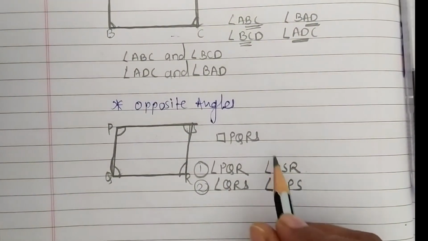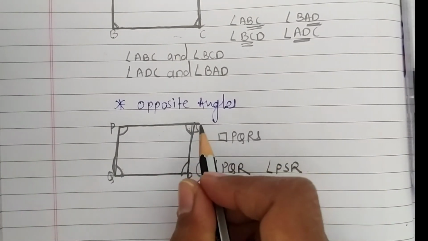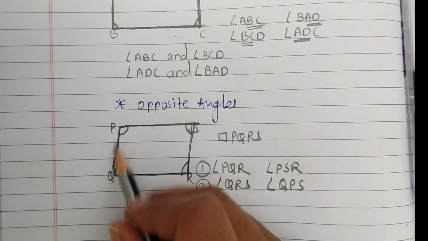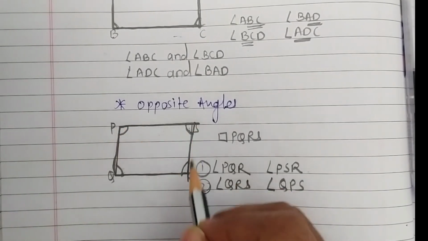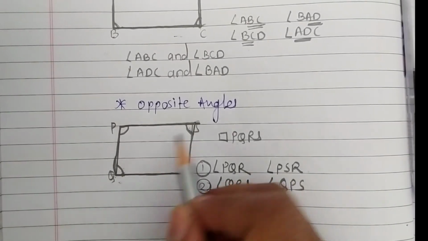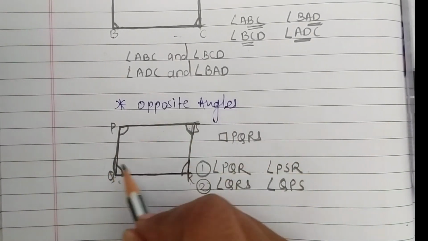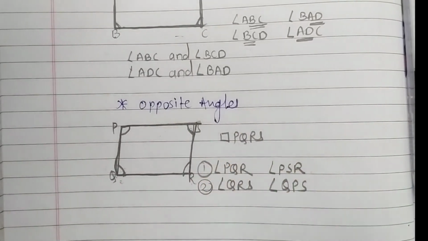So we can say that face-to-face angles of a quadrilateral are opposite angles. Angle PQR and angle PSR are in front of each other, so these are known as opposite angles.